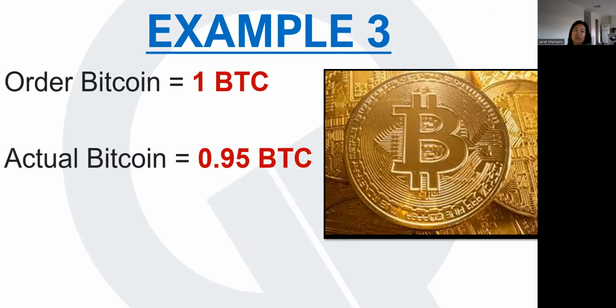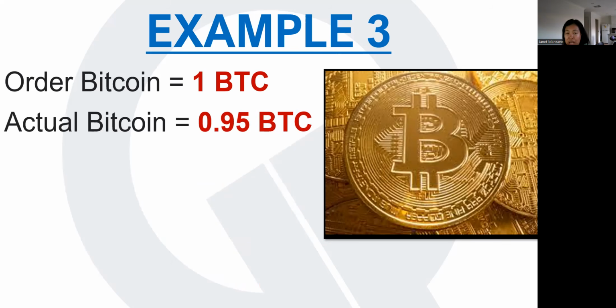However, after the actual blockchain transaction, it just gave you 0.95 Bitcoin, which means there's a price difference of 5%, 0.05.